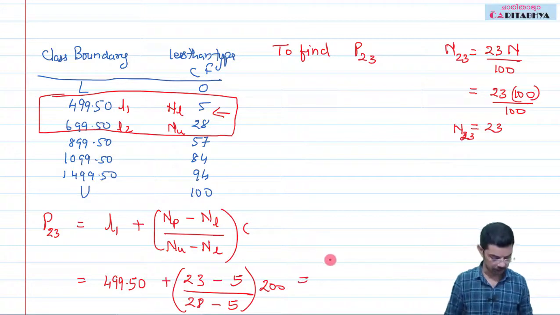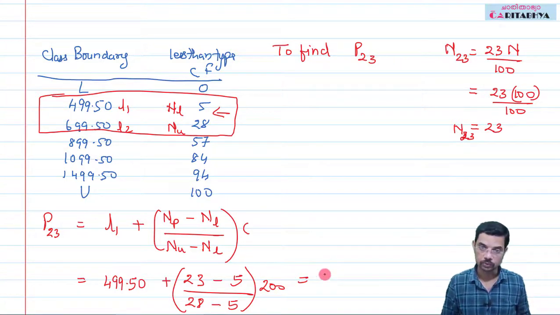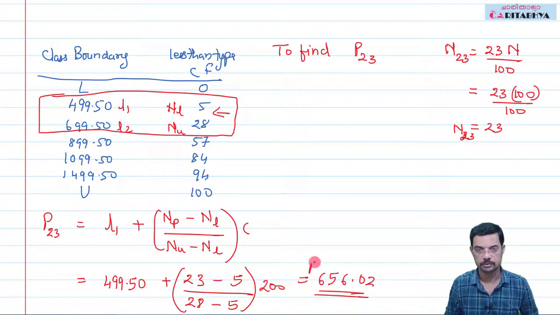When calculated, this will give you 656.02 rupees.